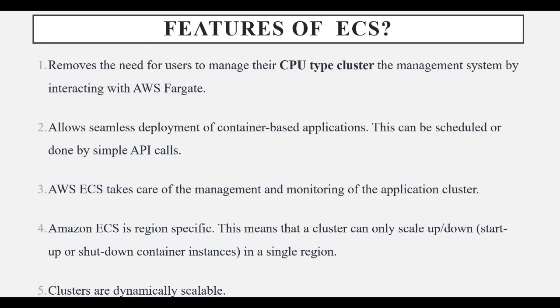This can be scheduled or done by simple API calls. ECS takes care of managing and monitoring the application cluster, and it is region specific. This means a cluster can only scale up and down in a single region.